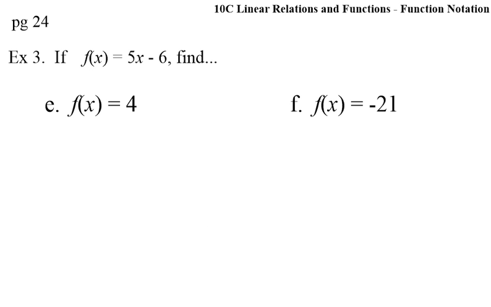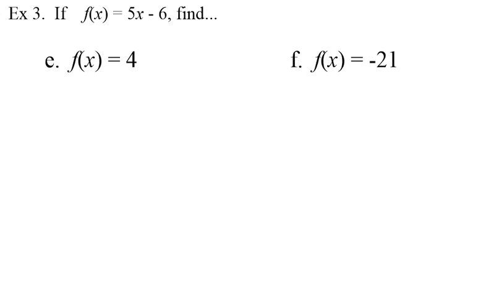Here's where it gets a little bit more complicated. If you look at E and F, the big difference here is that we don't know what x is, but we know that f at x equals 4. Well, what does the resultant? That's the same as saying we know what y is.